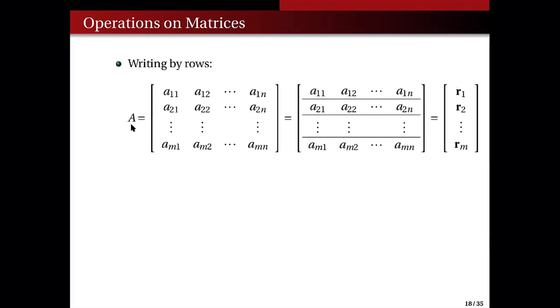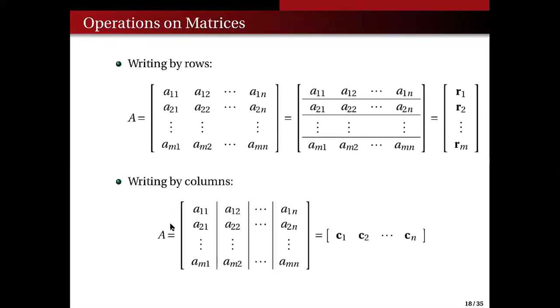So it looks like your A is a column vector, but the entries of that column vector are actually row vectors. If we write this by column, so we look at column 1 here, column 2 here, until column N, then this matrix A is like a row vector, but the entries of the row vector are actually column vectors. Okay?